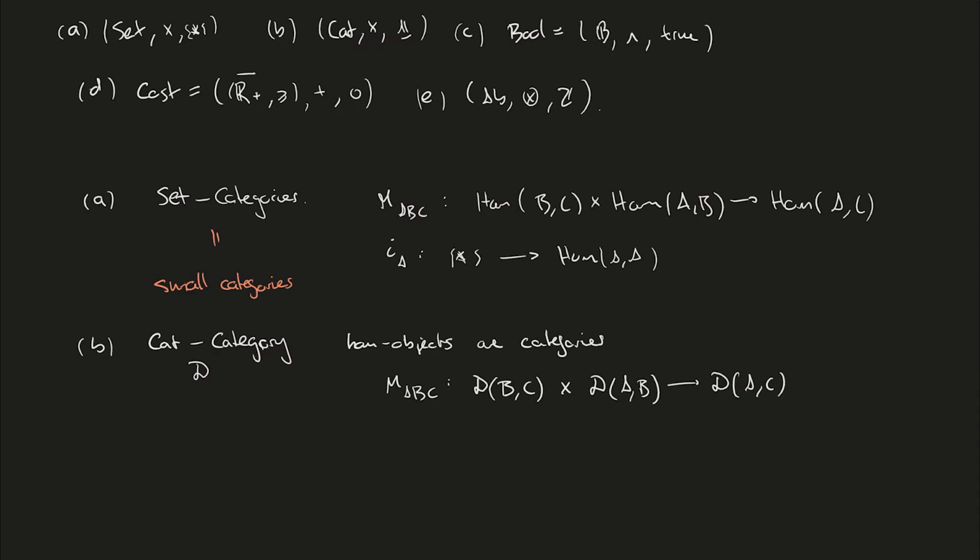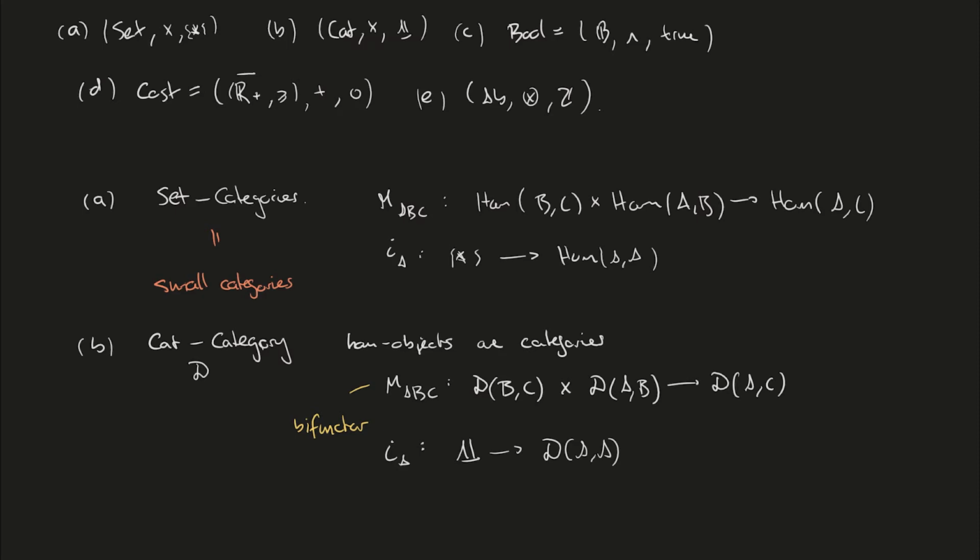And this composition is now a functor from the product of these two categories to the third category. So this specifies a bifunctor. And finally, our identities are maps from the one object category into the Hom object of A and A, that's D_AA, and we know how the one object discrete category looks, so it's going to pick out some object of this category D_AA and the identity morphism.